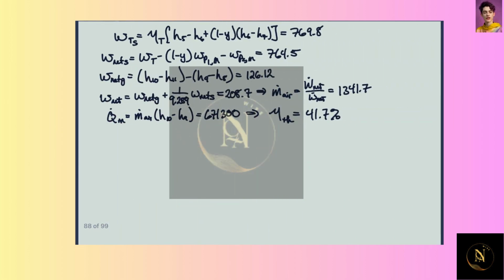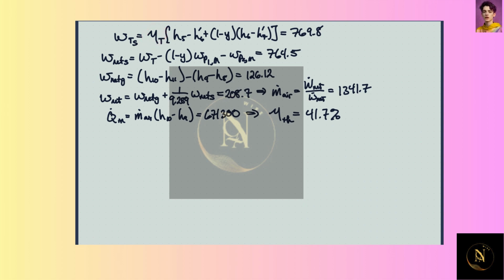So then we can go on to looking at the specific work. We can do an energy balance on the steam turbine and use the efficiency there. Again, I think these should be primes. 6 prime. This should be 7 prime. Yeah, since I use the efficiency here.